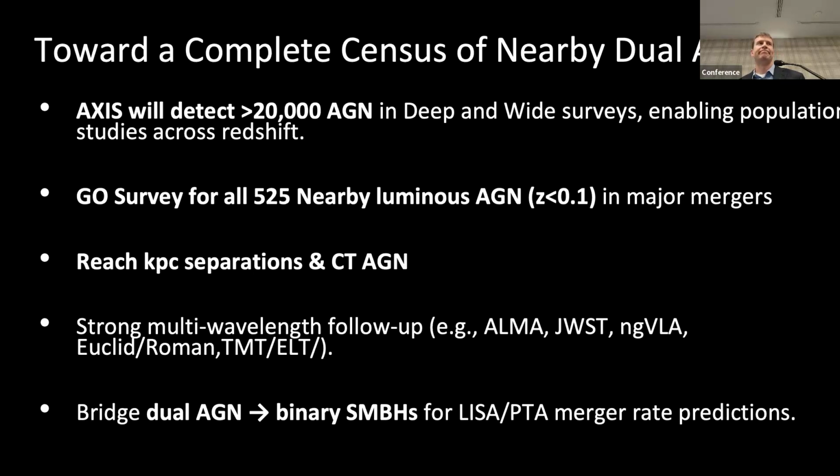Any other questions, Richard? Is the Euclid near IR sensitivity and angular resolution sufficient to follow up to find things for you without doing brute force AO? It's a lot better. Roman will be way better.